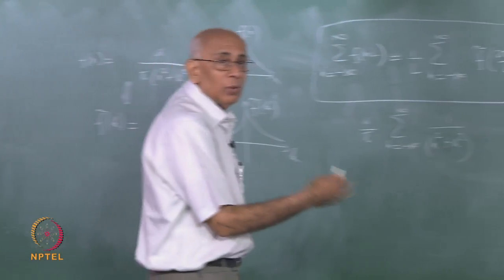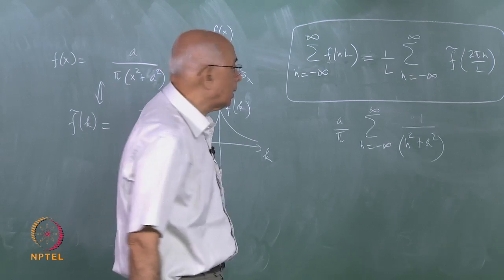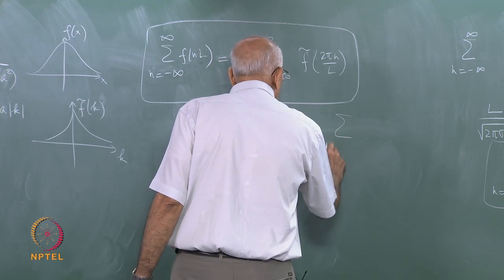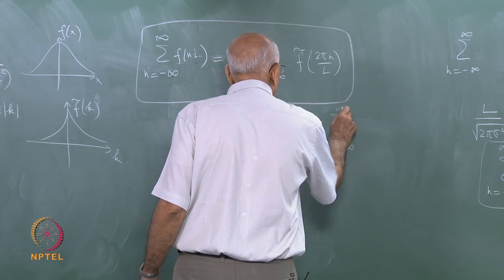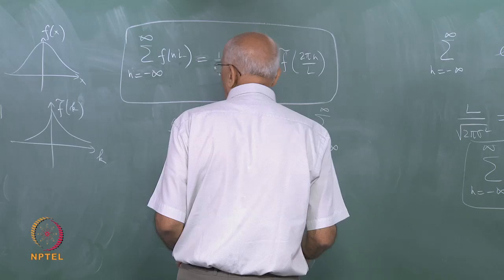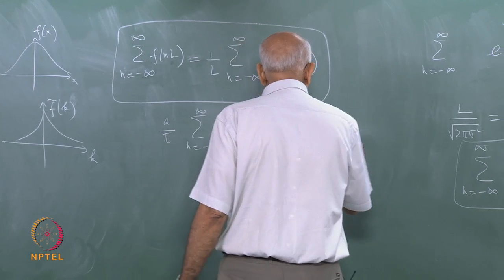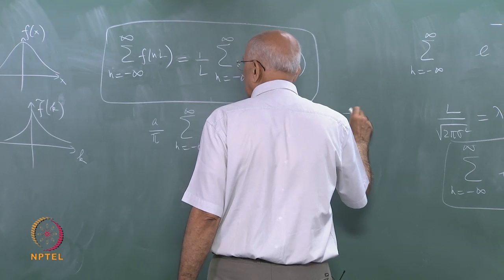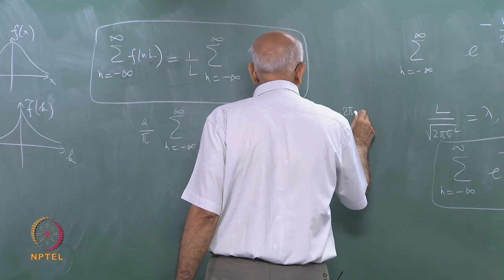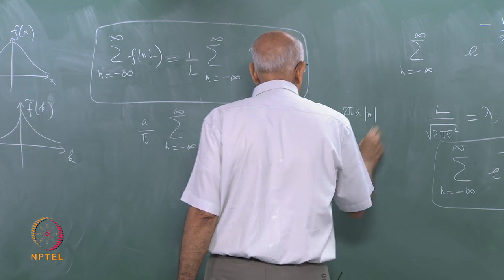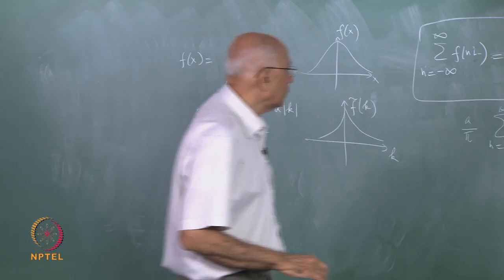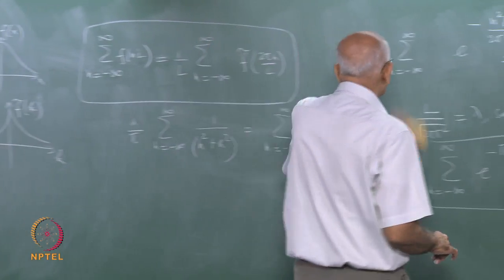So here is another way of doing it, and that is to use the Poisson summation formula, and this was equal to summation n equal to minus infinity to infinity f tilde of 2 pi n, in this case e to the minus 2 pi a modulus n. We could simplify that.